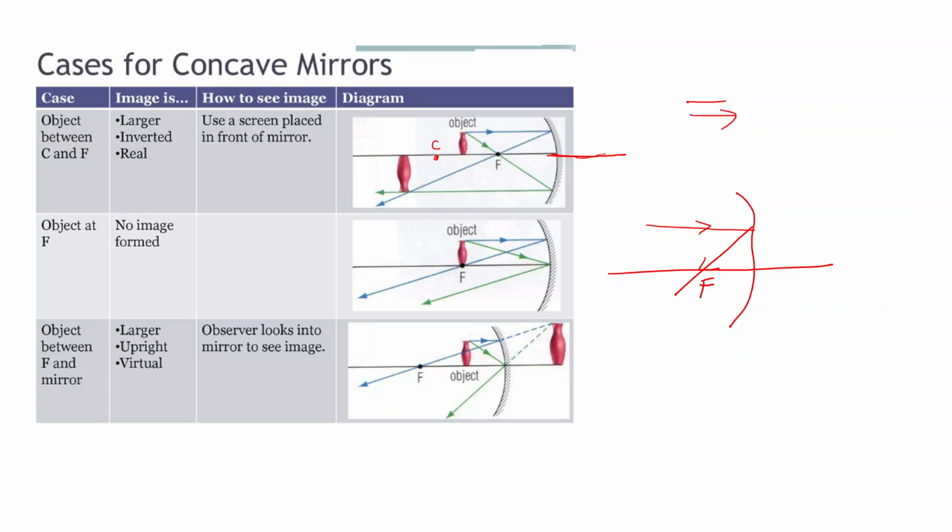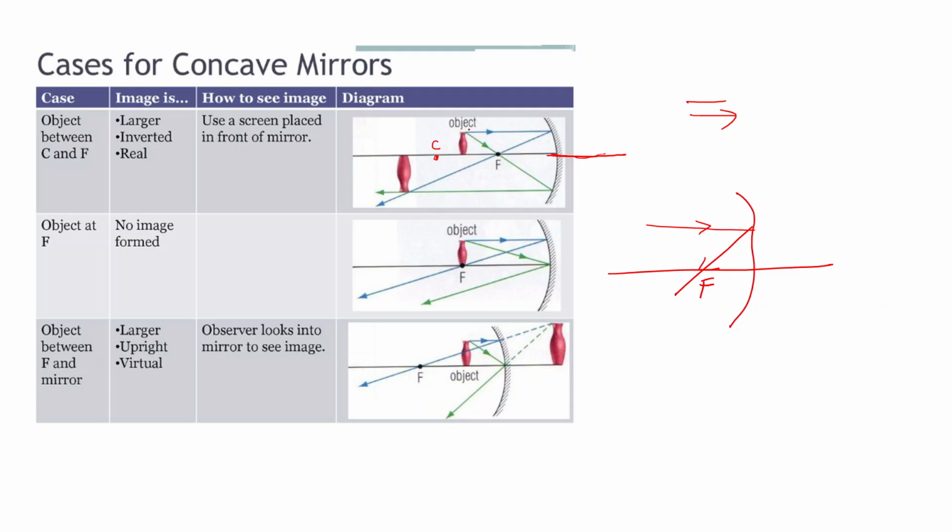Of course many lights are reflecting from the object and going towards the mirror, but to avoid a lot of confusion, we always consider two rays going from the object towards the reflecting surface.